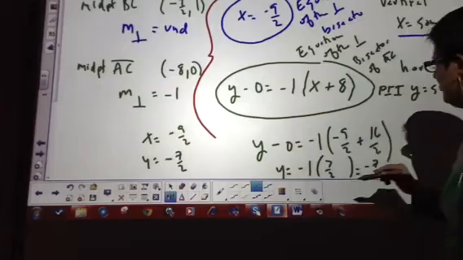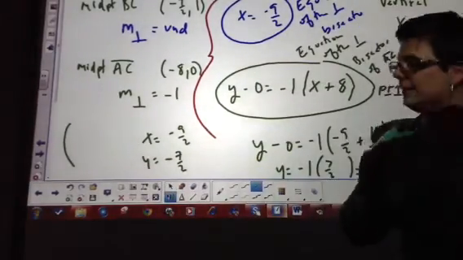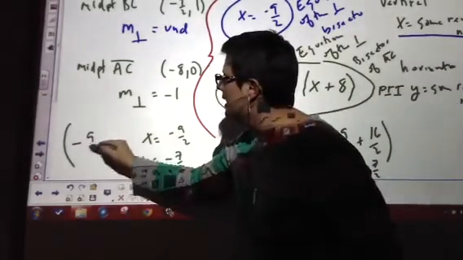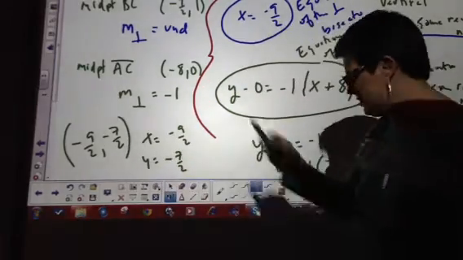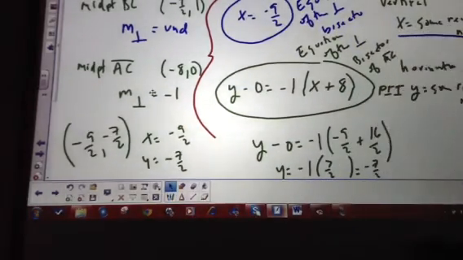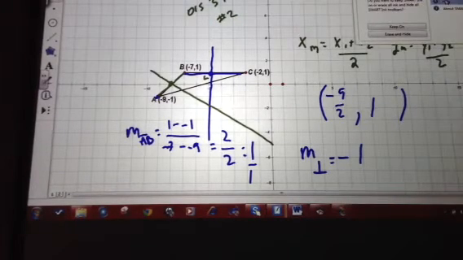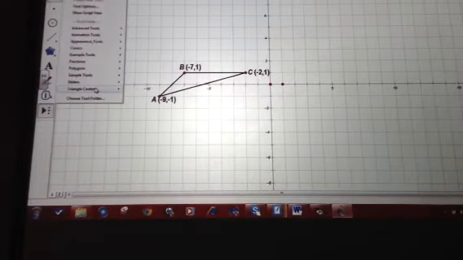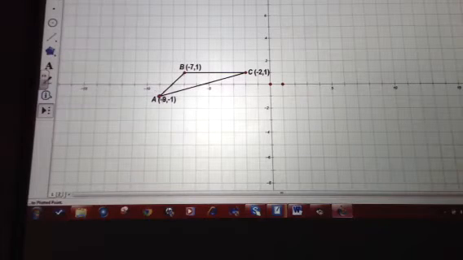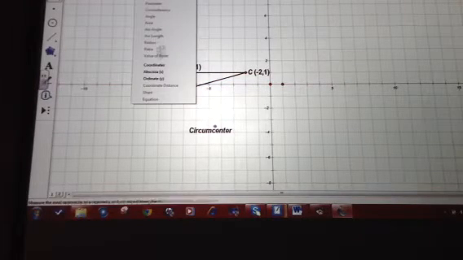So the point that is the circumcenter of my triangle, or triángulo, if you want to say it in Spanish, is -9/2, -7/2. That's the circumcenter. And we can see that if we were to go to Sketchpad and we were to clear our mess here, and I were to have a tool that actually finds the circumcenter, I could select the vertices of my triangle, and then I could say, hey, let's measure the coordinates of that point.